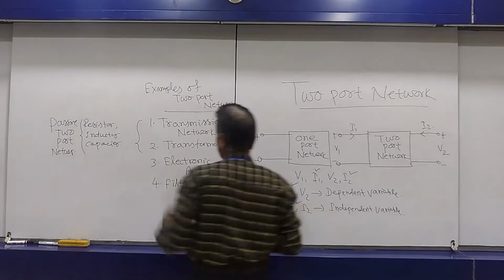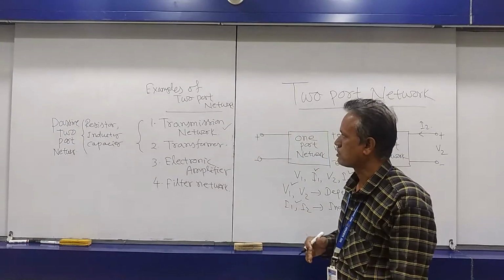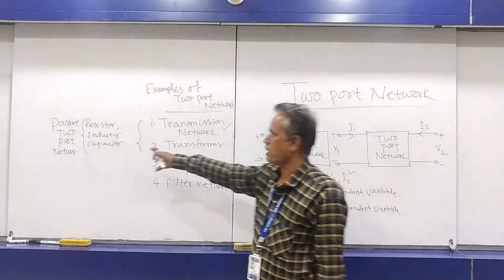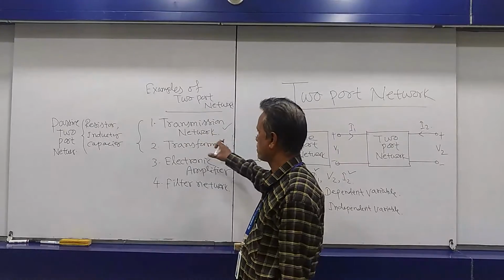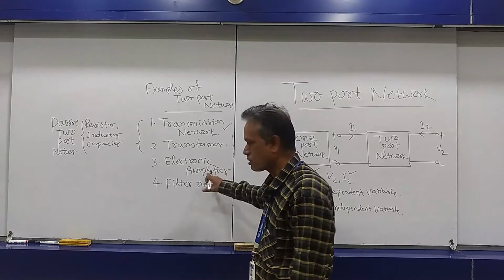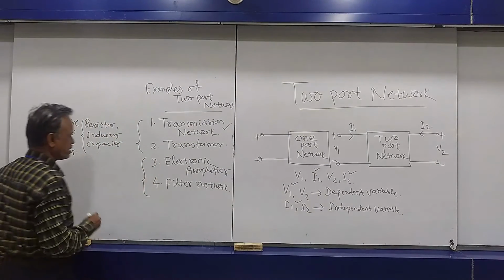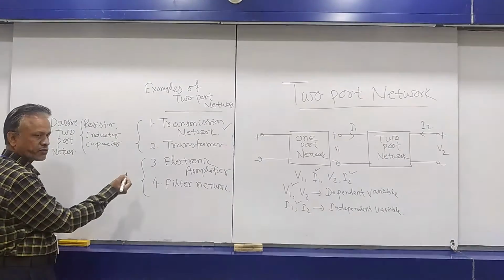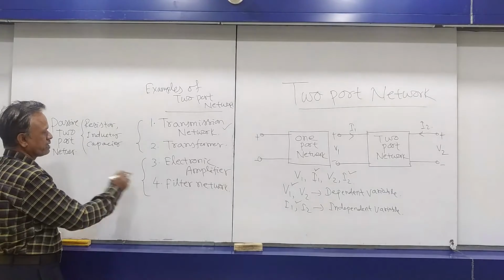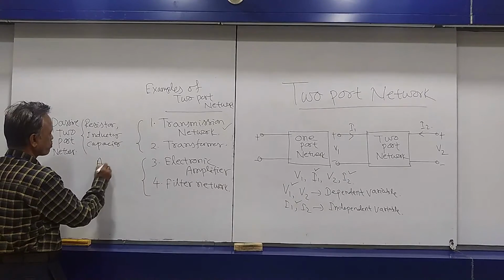That means the transmission network and transformer constitute the passive two-port network. Similarly, the electronic amplifier and filter networks use active elements or active components. That is why they are called active two-port networks.